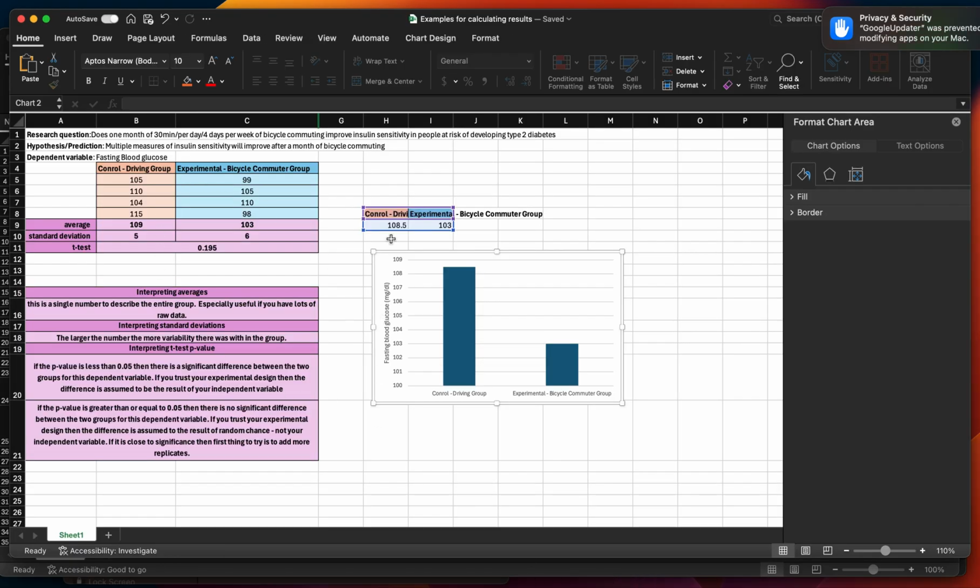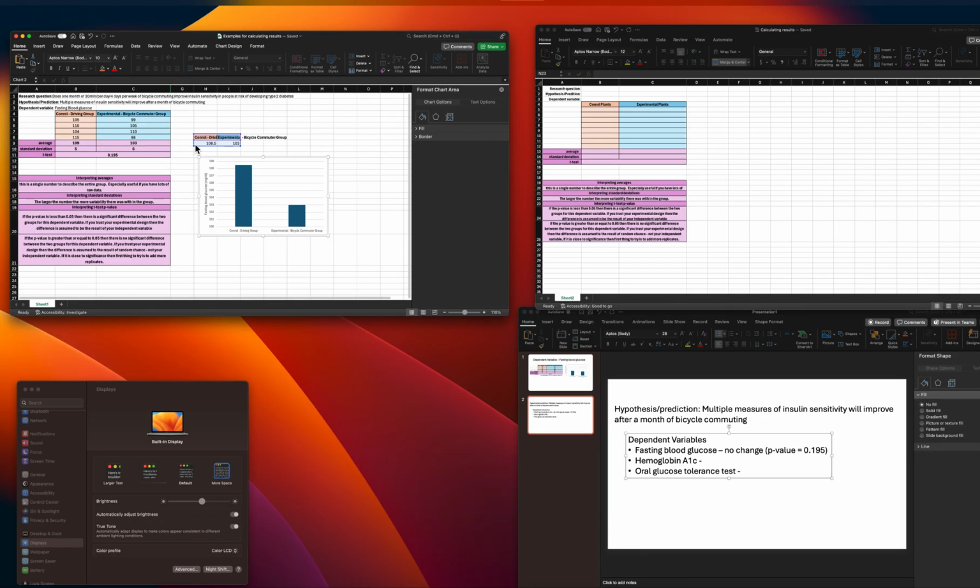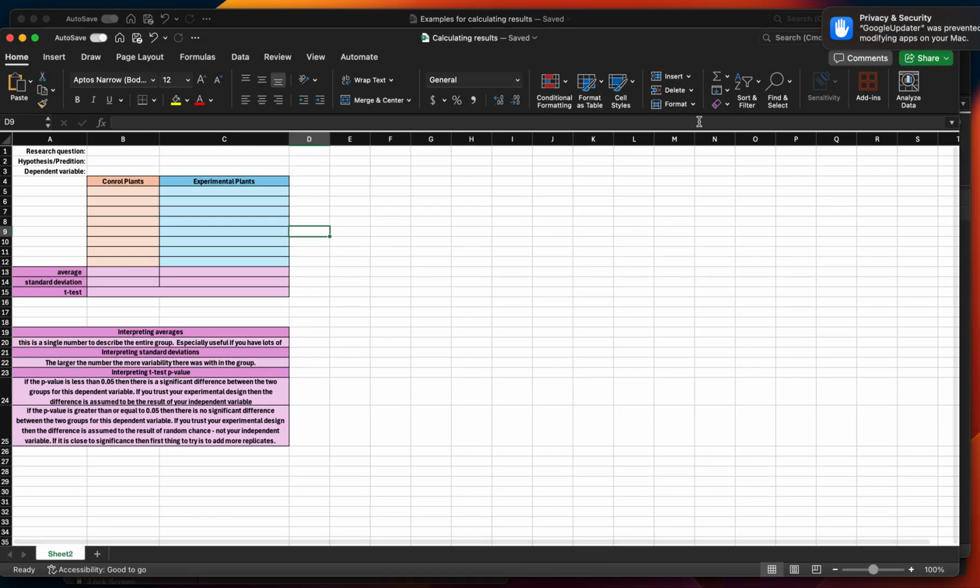All right, so you are going to do this same thing, but with your data. I have provided on D2L a link to an empty spreadsheet like this that has plenty of room for all your control plants' raw data and all of your experimental plants' raw data from that last week of data collection for that variable.